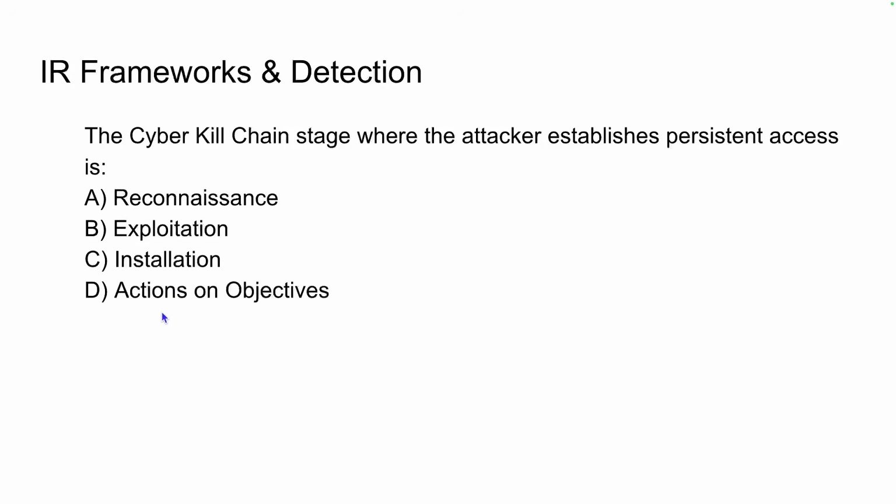Actions on objectives is things like, it could actually be persistence, I want to say. I'm going to say D, but my first thing was installation. Oh my God, it was installation. Actions on objectives is typically encrypting data or exfiltrating data, doing something like that. Establishing persistence would be more through installation. That was my first guess too.